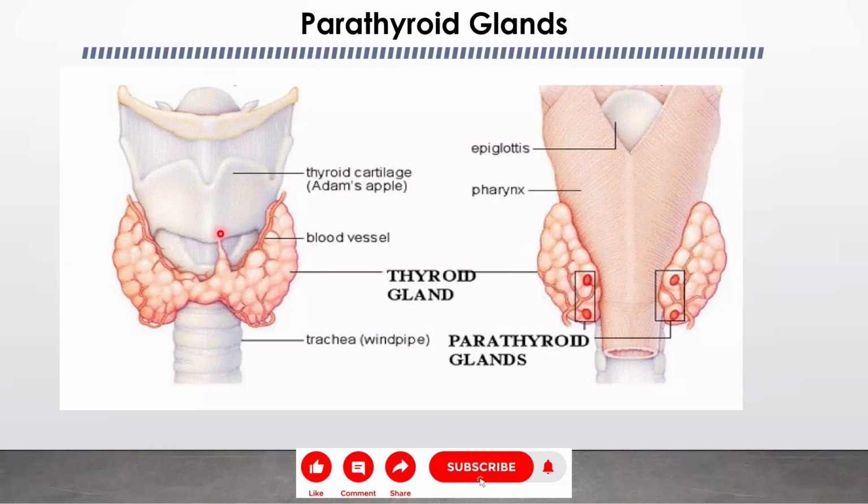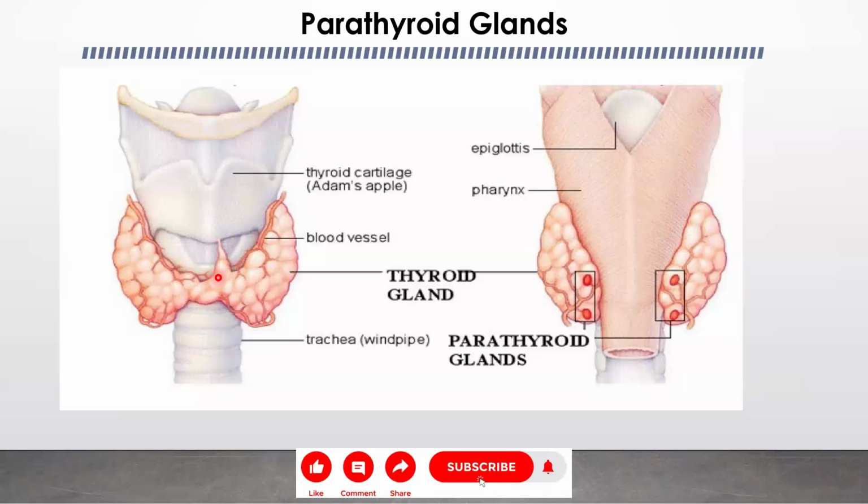Maybe something that we didn't mention in the development of the thyroid gland is that you can have a portion of this thyroglossal duct forming the pyramidal lobe. Remember, the pyramidal lobe is formed on the inferior aspect of the thyroglossal duct, which doesn't obliterate.